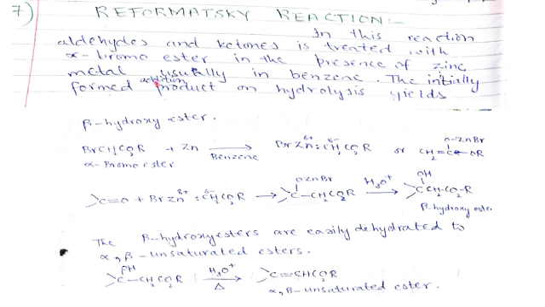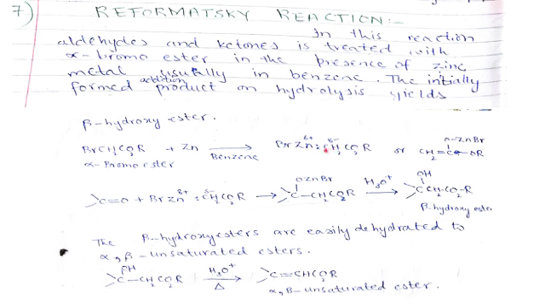In this reaction, the aldehyde or ketone is treated with an alpha bromo ester in the presence of zinc metal, usually in the solvent benzene, and this initially forms an addition product which on hydrolysis leads to the beta hydroxy ester molecule.